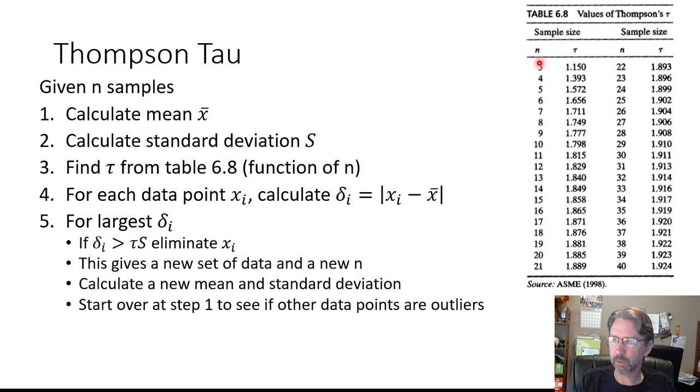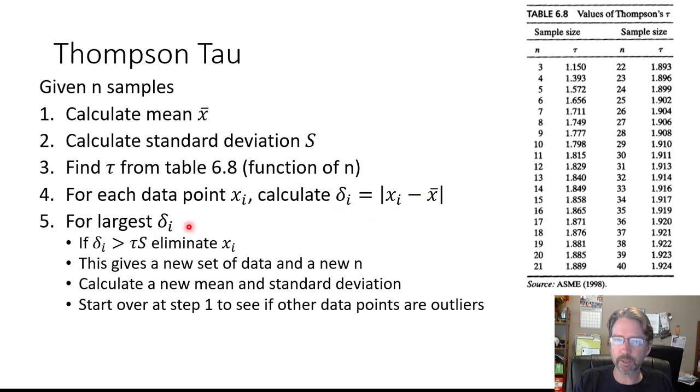There are 2 columns, n and tau, and then it wraps around, more n and more tau. Then, and this is important, for each data point you measured, you calculate the deviation, which is the difference between the measurement and the mean. Take the absolute value, so we're just finding the positive deviations here.